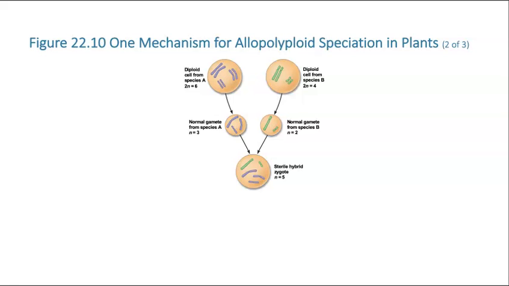But, and here's the weird part, where you form a hybrid. The sperm and egg from A and B fuse together. Notice, and this is so important, that this hybrid has a haploid number of 5. Why isn't it diploid? What's going on here?